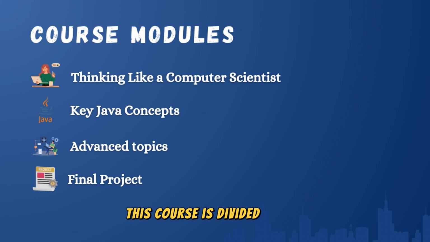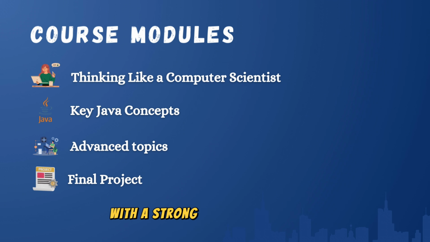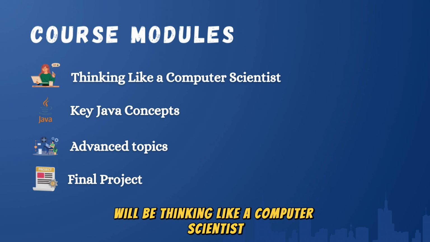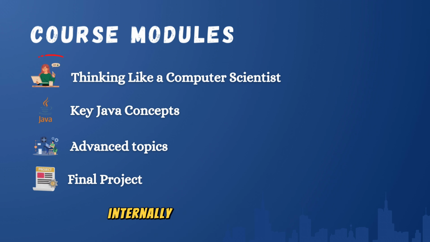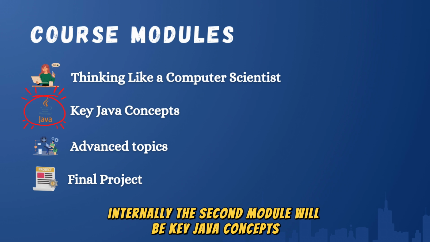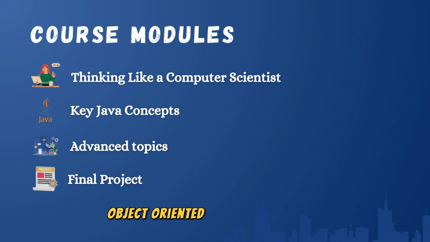This course is divided into 4 modules covering Java from basics to advanced level, with a strong focus on hands-on practice. The first module will be thinking like a computer scientist, which will make you understand how things work internally. The second module will be key Java concepts, where you will learn basic Java syntax, data structures, object-oriented programming, and more.